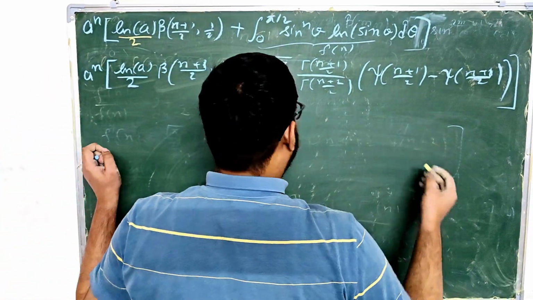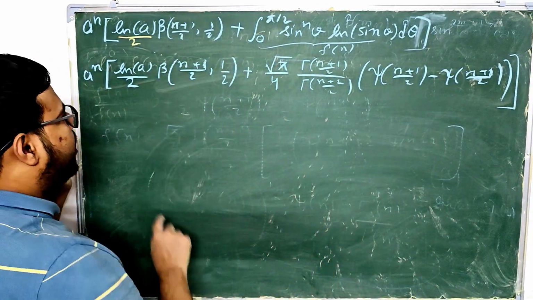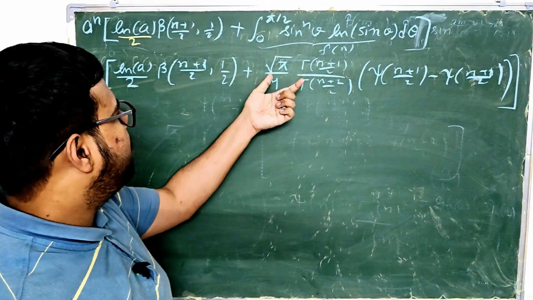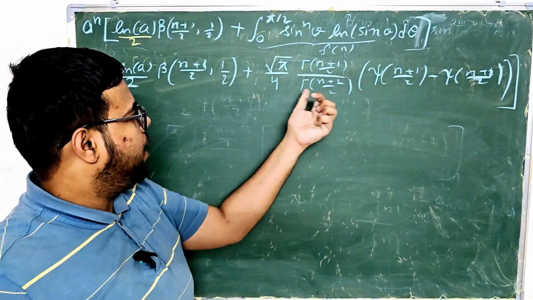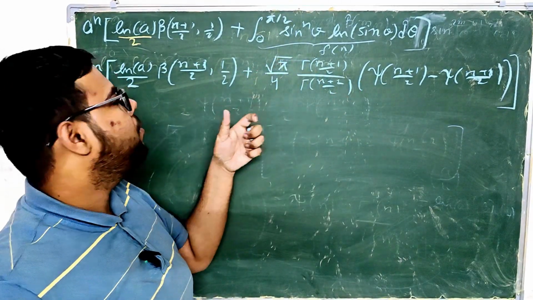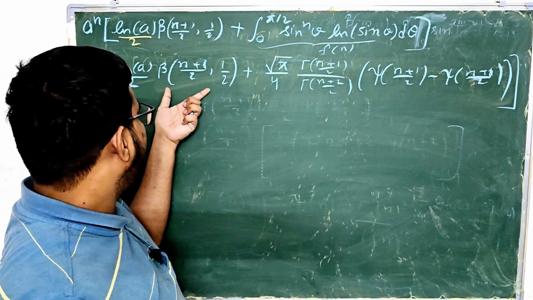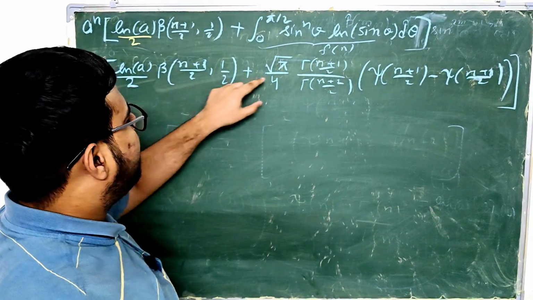So you know one thing, that beta of n plus 1 by 2 comma 1 by 2, it was equal to, notice that I have multiplied 1 by 2 in this expression only. Okay, so this was equal to root pi by 2 times this function.